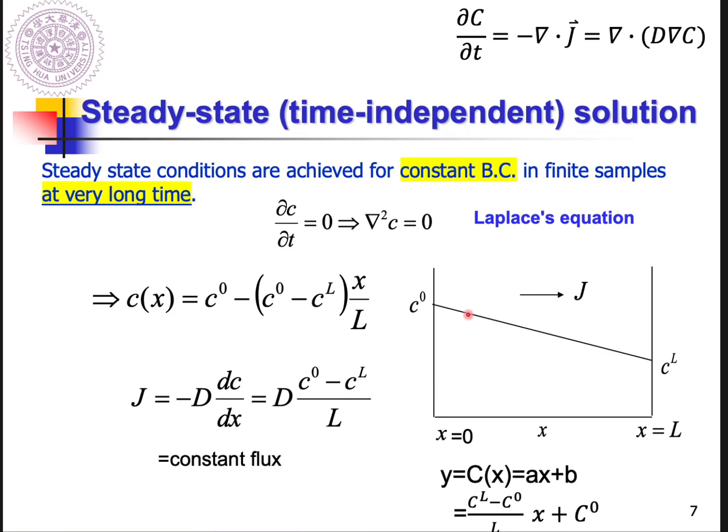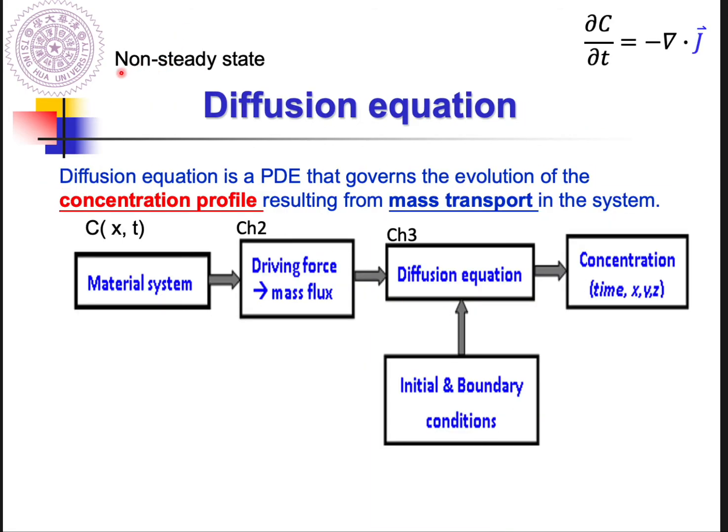However, if your concentration profile does change with time, for example you measure the profile at 3 different time points and get 3 different curves, that tells you the concentration of diffusing atoms changes with time, so it belongs to non-steady state.